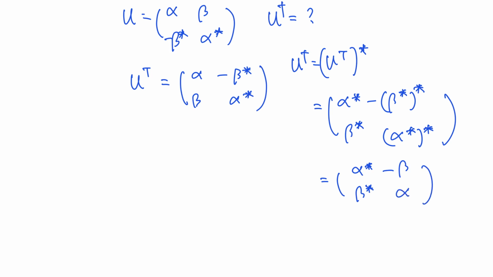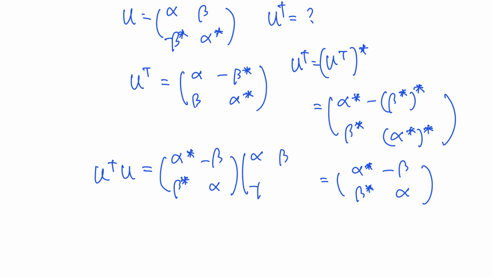So U dagger U is what? Alpha complex conjugate, minus beta, beta complex conjugate, alpha, times alpha, beta, minus beta complex conjugate, alpha complex conjugate. You multiply this.